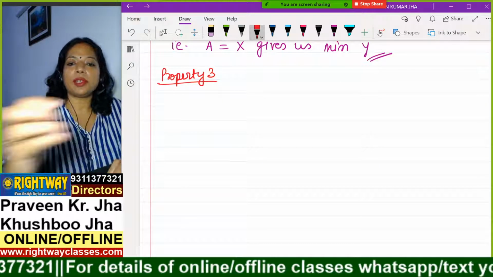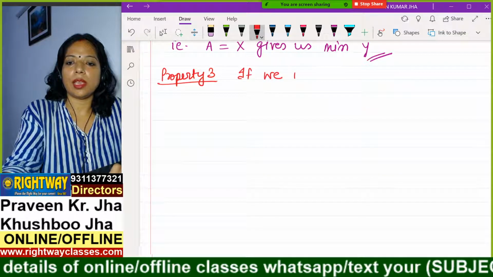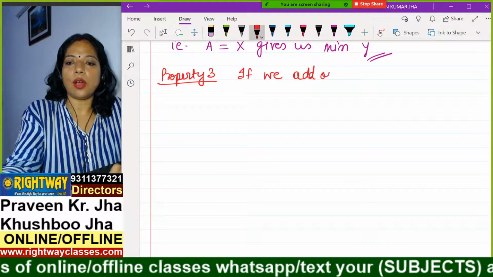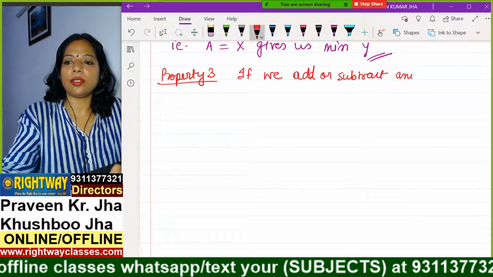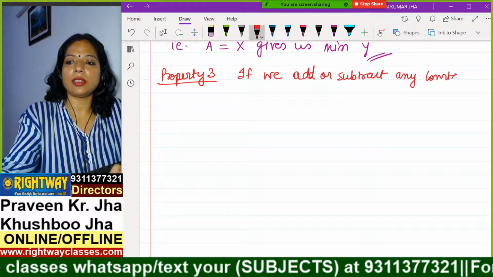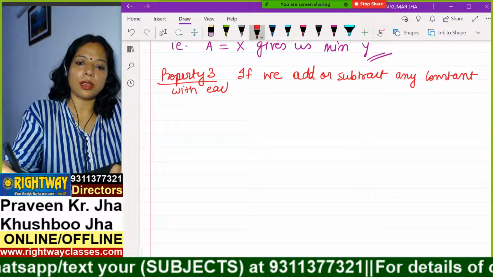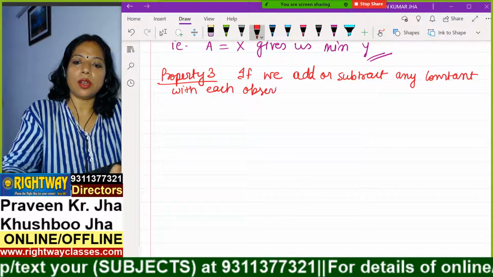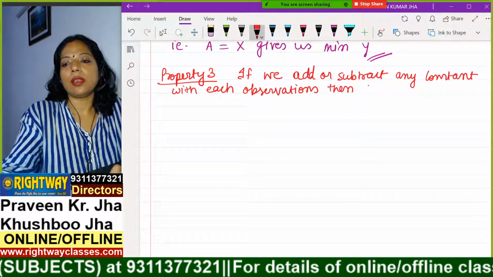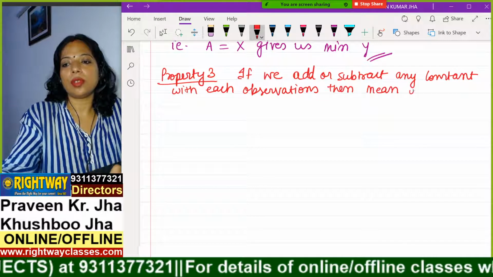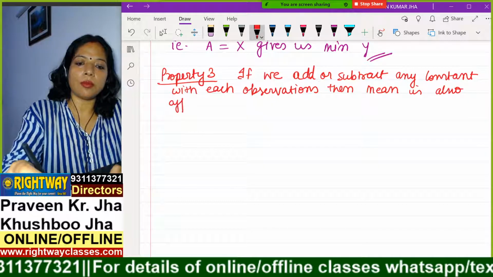Okay, now we are moving to property 3. If we add or subtract any constant with each of the observations, then the mean is also affected in the same way.